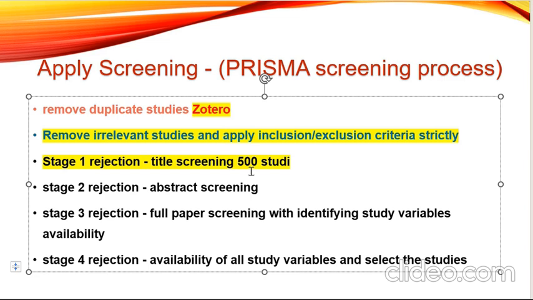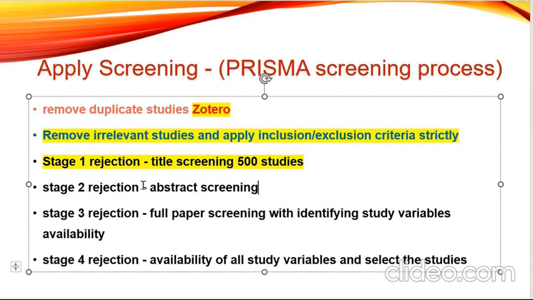If you want a regional based study, you can select the regional based studies. If you want only quantitative oriented studies, they would have mentioned it in the title itself. Then you can pick your study easily. You have some idea of choosing a paper based on the title. Based on the title itself you may select or reject. That is the stage 1 rejection.